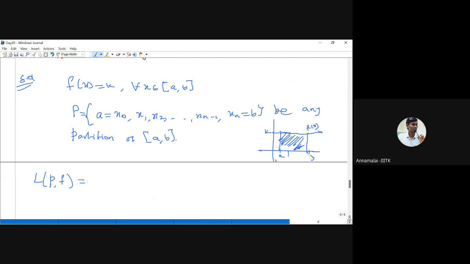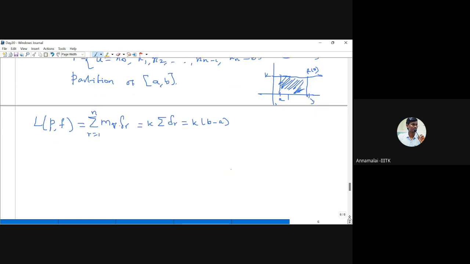That is all the small mi's. By the definition, this is summation mr into delta r, where r equals 1 to n. Each mr is k, so you can take k outside, therefore summation delta r. Summation delta r is nothing but the length of this interval, so k into b minus a is the sum over all the subintervals. Therefore the lower sum is this one.